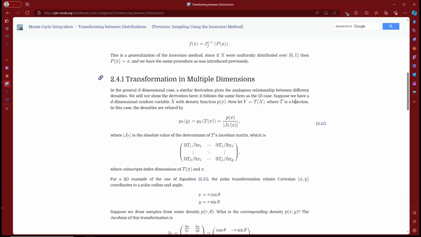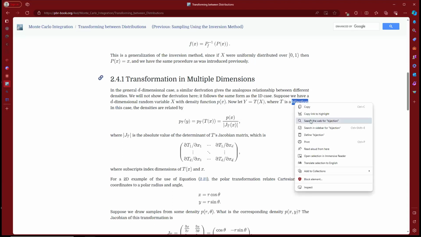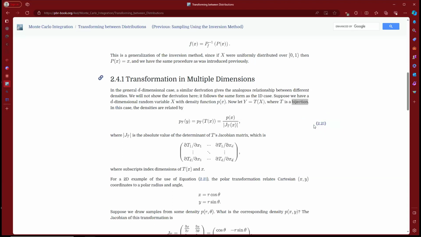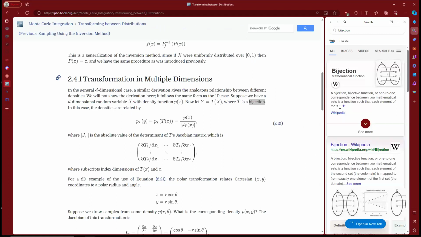In this case, the densities are related by p_T of y is equal to p_T of T of x. Bijection, okay, it's just the one-to-one thing that they were talking about before, I guess.